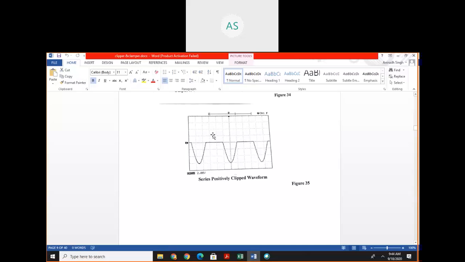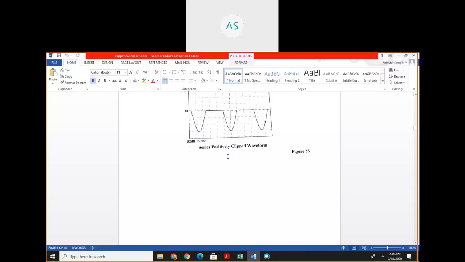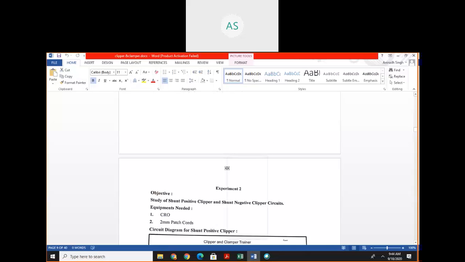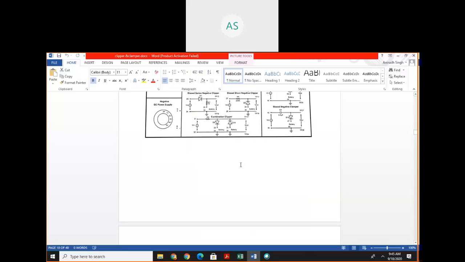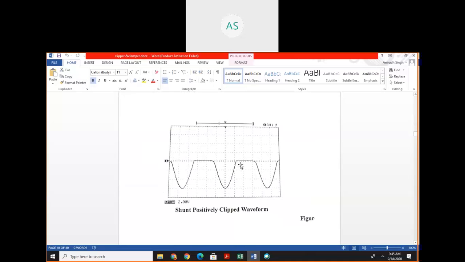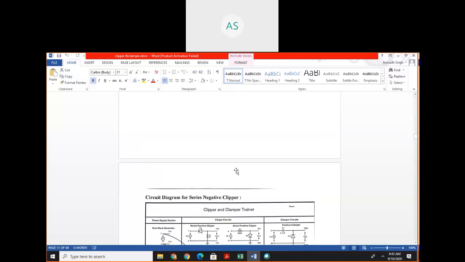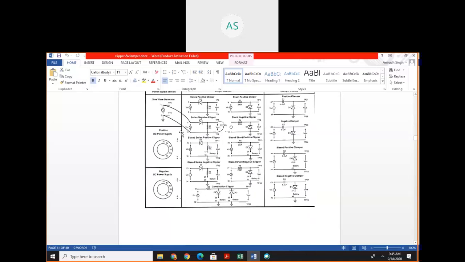In these two terminals we apply a sine wave generator, where we give an input between these two terminals, and these are the output terminals, and the output terminal is connected to the CRO in all cases. This is the case of the series positive clipper. So we get a wave. This is the input wave, and this is the output. Our positive portion is clipped off.